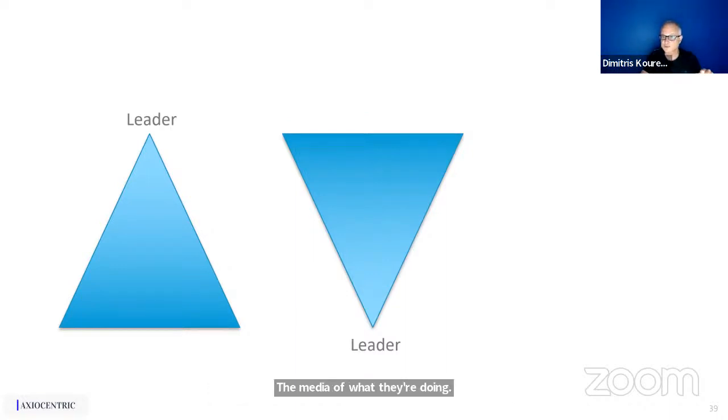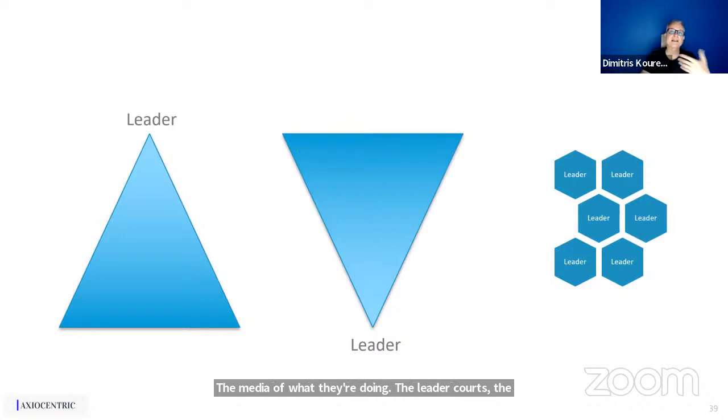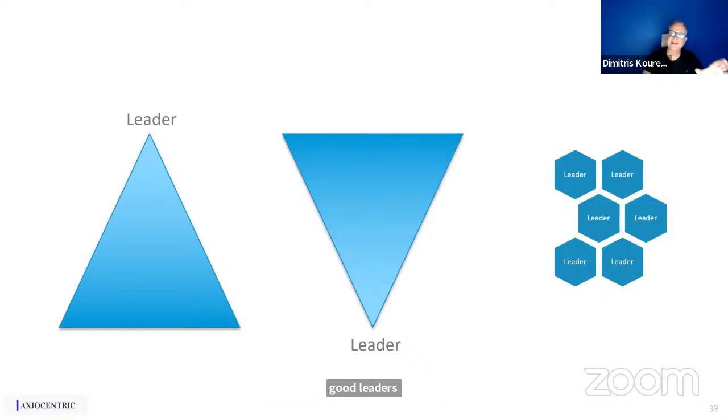The leader coach, the leader mentor, the servant leaders, and we need a lot of leaders. We talk about distributed leadership. Leaders are as good as the leaders they lead. Because if you don't have good leaders, you're not a good leader, by the way. So that's very, very important.